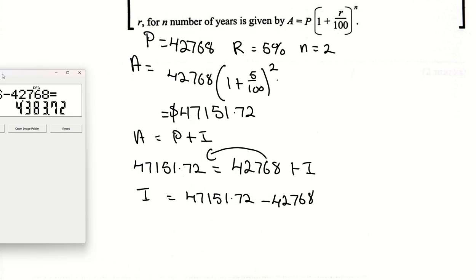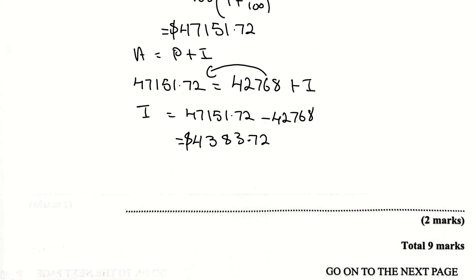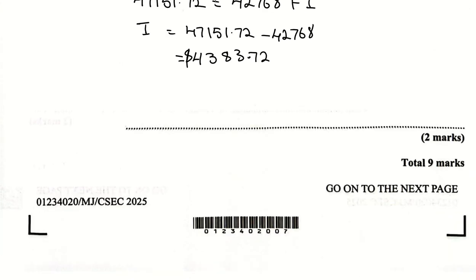The interest was $4,383.72. And that is how you would do this question number 1, paper 2, number 1, May, June 2025.